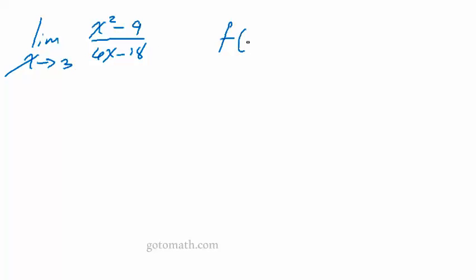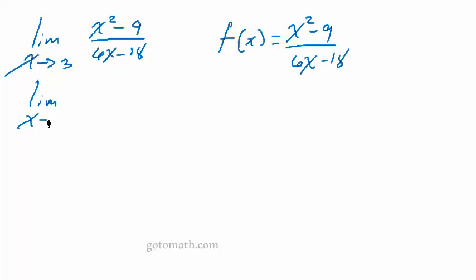Now we could start with this. If we were given the limit as x approaches 3 of f of x, this is the same thing. This has just been defined somewhere else on the page, okay? Need to get that out of the way.